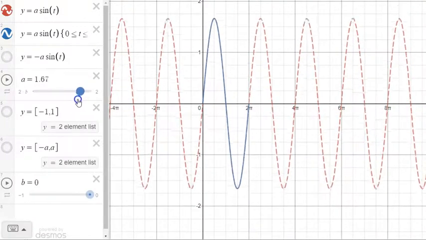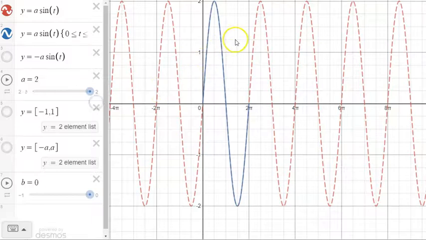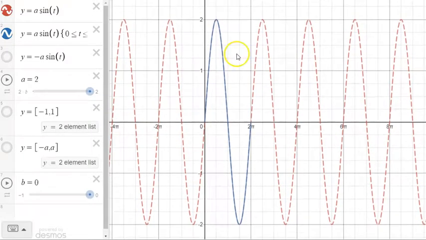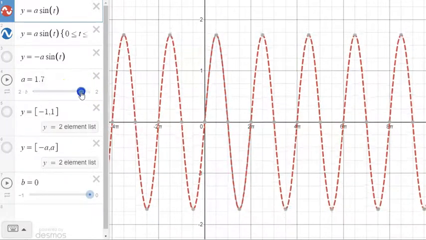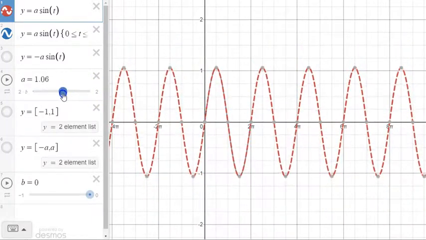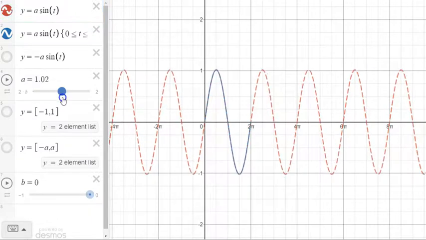And if I increase a to a maximum value of 2, then the range of this function is going to be +a, which is 2, and -a, which is -2. And I'll bring it back down to 1 again, fixing it back up into its original state.